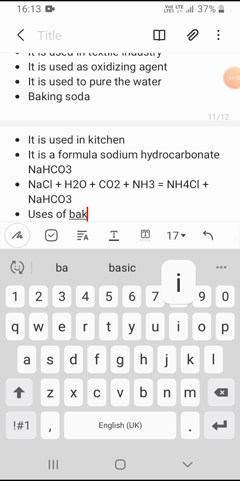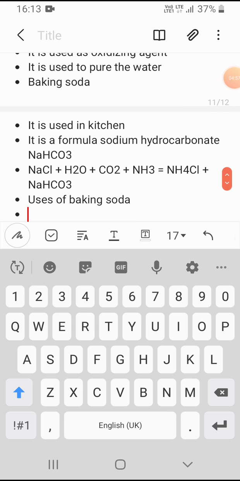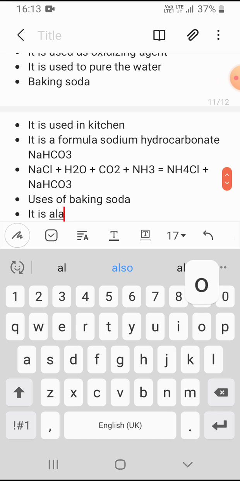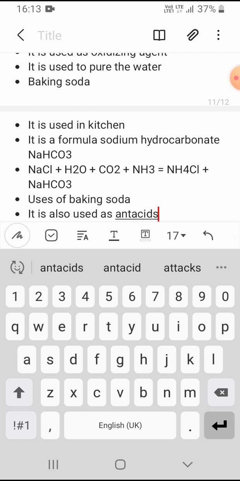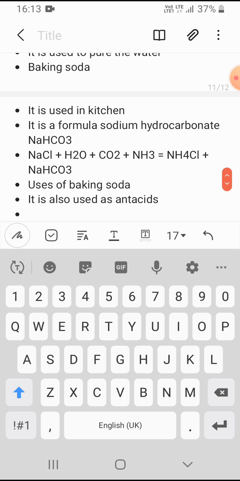Uses of baking soda: it is used as an antacid. As I said, antacids neutralize the stomach. When the stomach is acidic, we take a base and it gets neutralized.